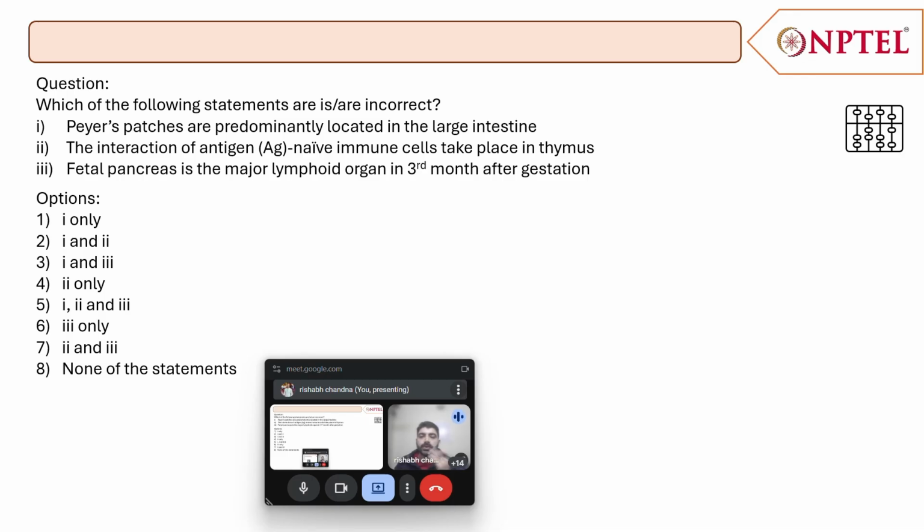So what can be the correct answer? Okay. Any more answers?